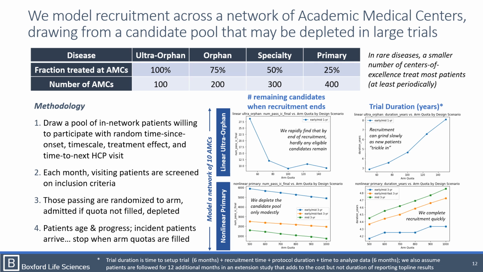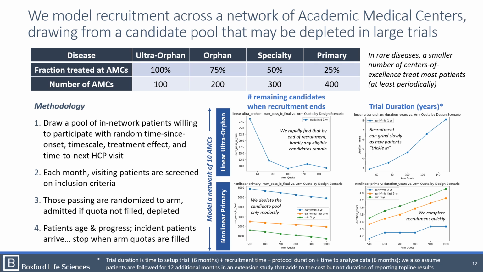Now what we see in the figures at bottom right is for the top linear ultra-orphan and bottom nonlinear primary, what recruitment looks like when we use a network of 10 academic medical centers. On the figures at left, we see how many candidates are remaining within the network when recruitment ends. And at the right, we see the trial duration in years, which is equal to the recruitment time, plus we assume 6 months to start up the trial before recruitment can begin.